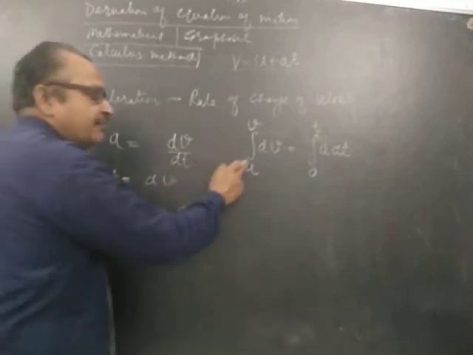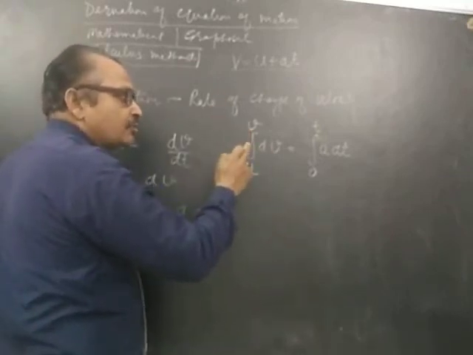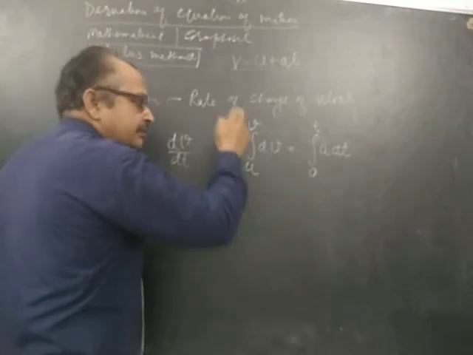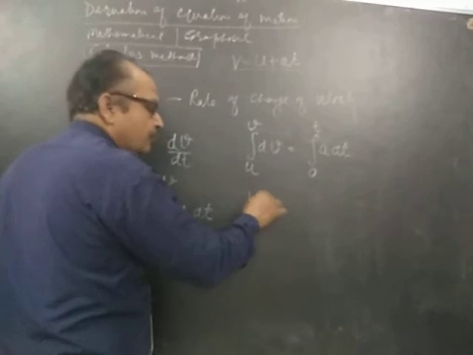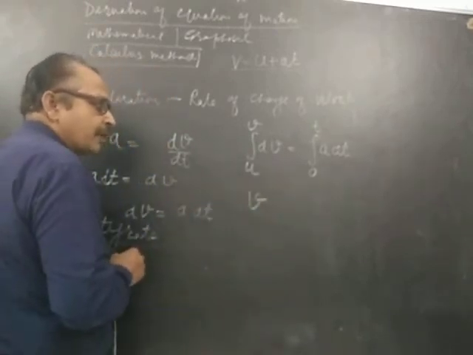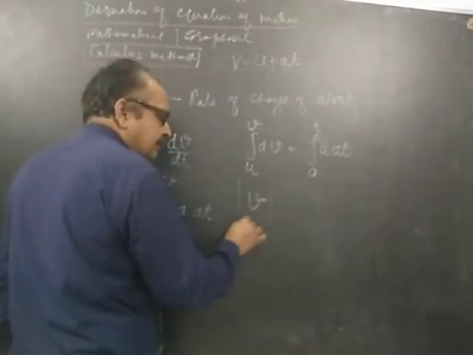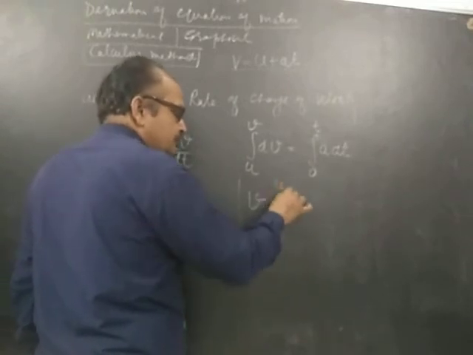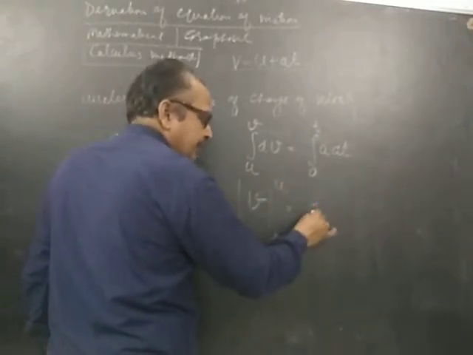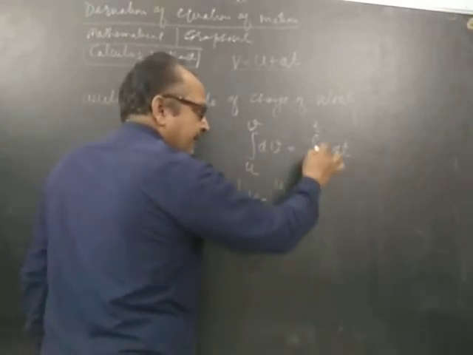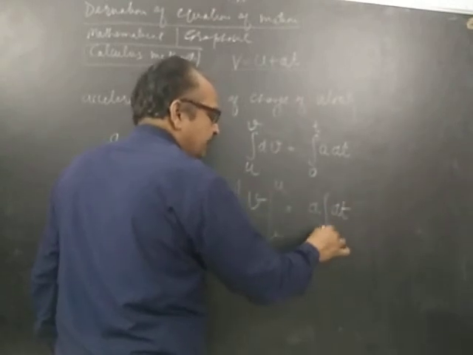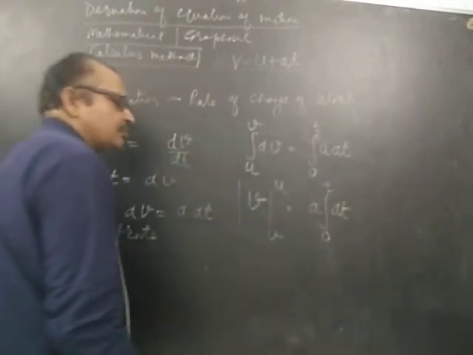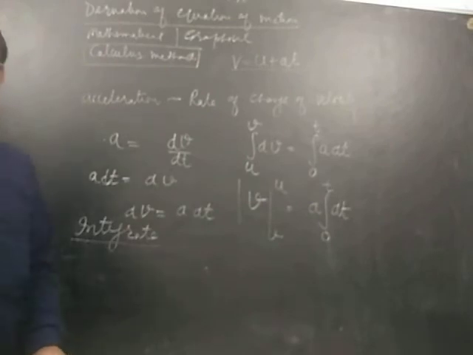And when you do the derivation, what I told you, the integration of dv will be equal to v, with limits u to v. And because here a is constant, what will be left, my dear? Integration of dt from 0 to t, and integration of dt will be t.